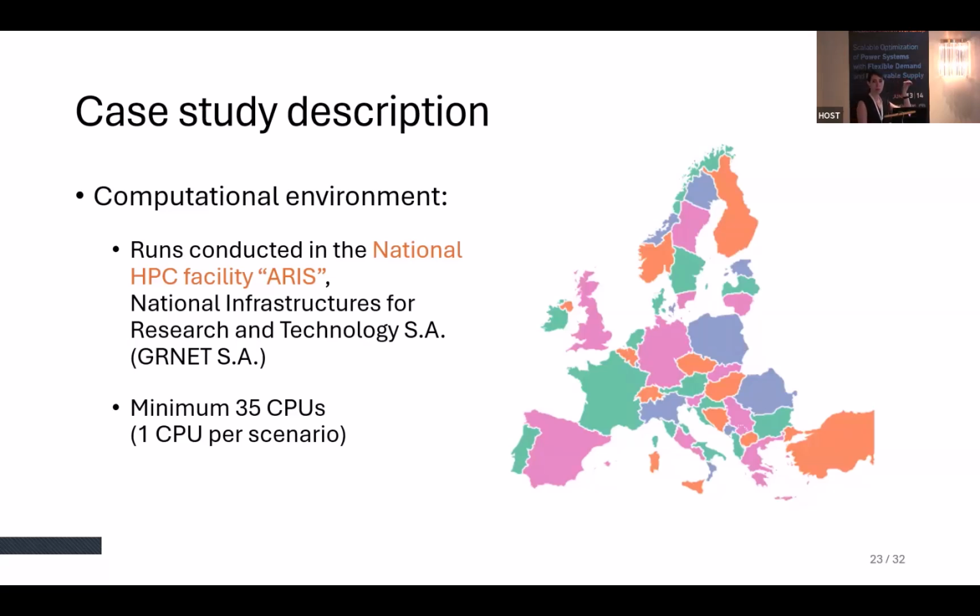This is the minimum number of CPUs because there are 35 scenarios. However, indeed, we can utilize more CPUs, taking advantage of algorithms that can utilize more threads to optimize the same process. However, we're going to be demonstrating the results only for this conservative use of one CPU. So keep in mind that these are, let's say, the ones that take up the most time.